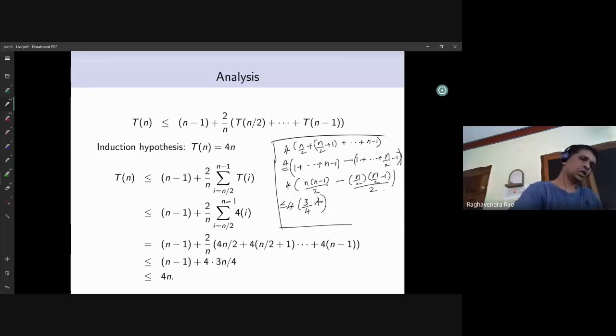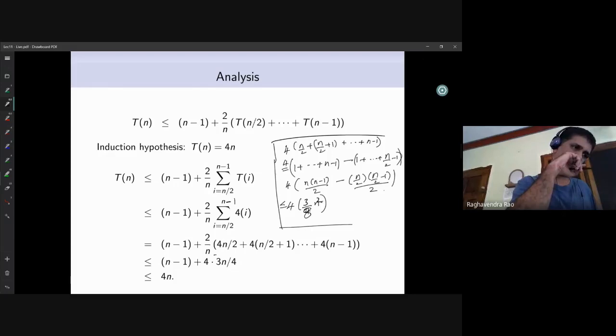So the whole thing now becomes 4 into 3n by 4. I'm taking this 2 by n inside. Is that okay? Did I mess up something? This will be 3 by 8 n square, otherwise I'm not correct. Because this is n square by 2 minus n square by 8, right?